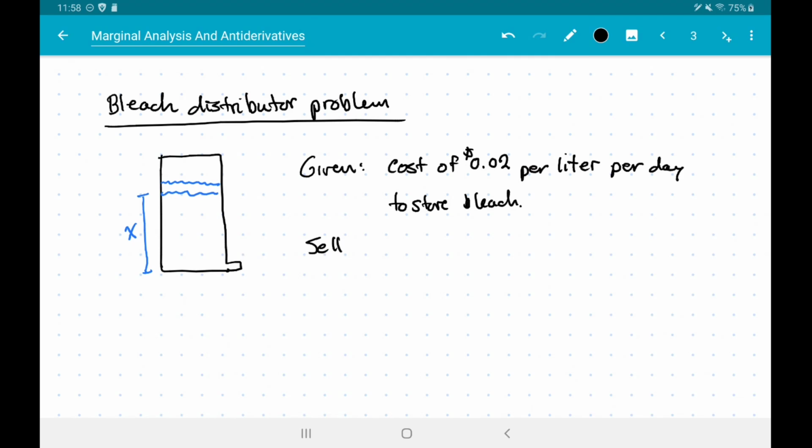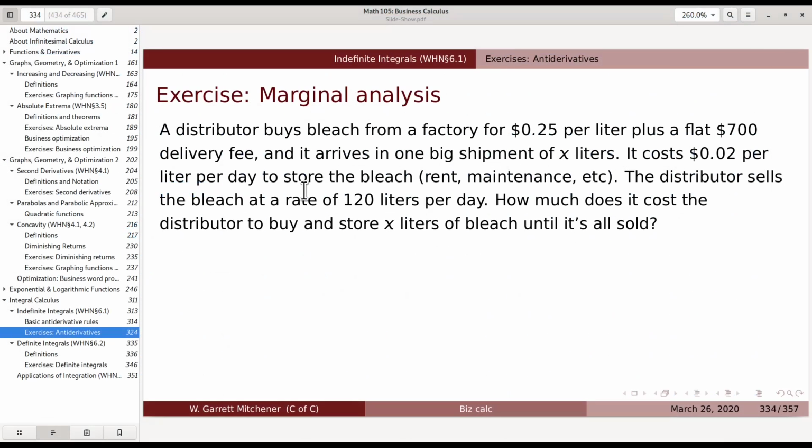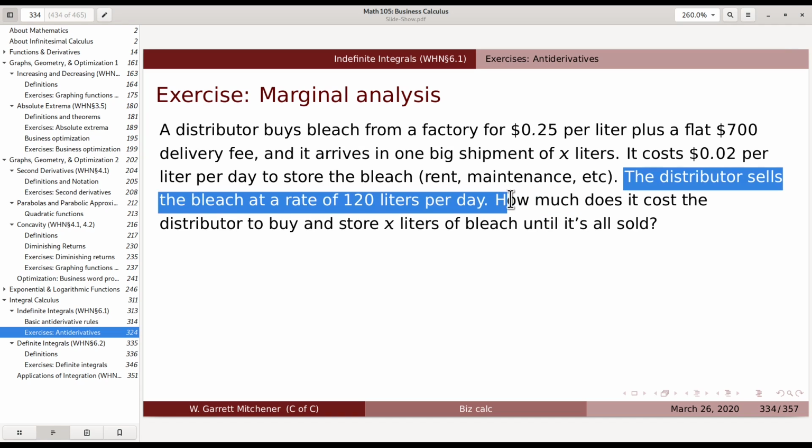So to sell X liters ahead of it in the container, how long does that take? How many days does it take to sell X liters of bleach? And remember, here's the problem statement. The distributor sells the bleach at a rate of 120 liters per day.